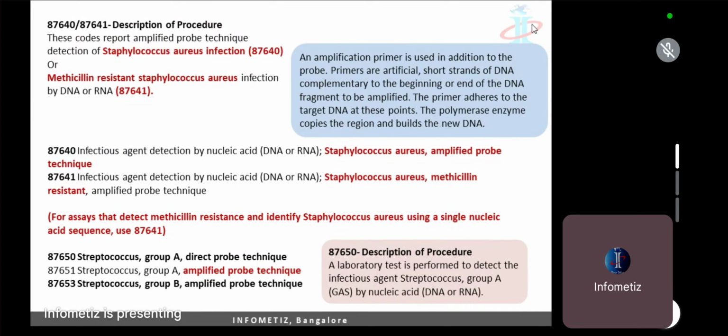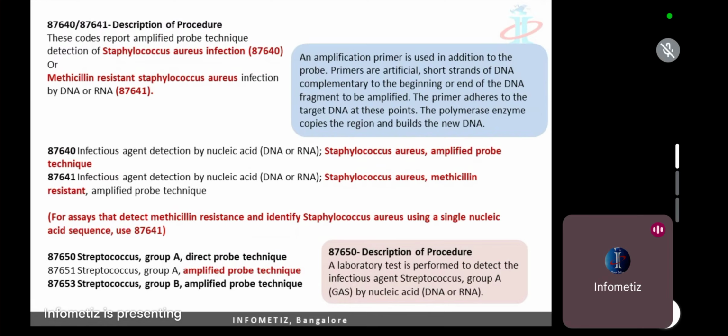87808. Infectious agent antigen detection by immunoassay with direct optical observation.